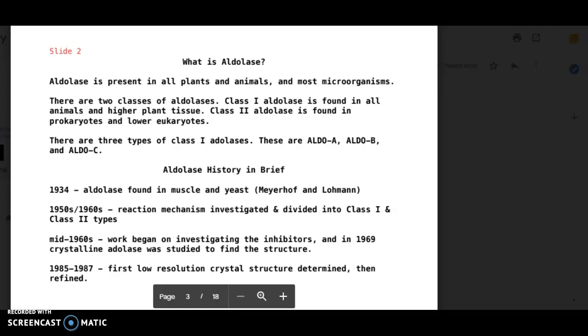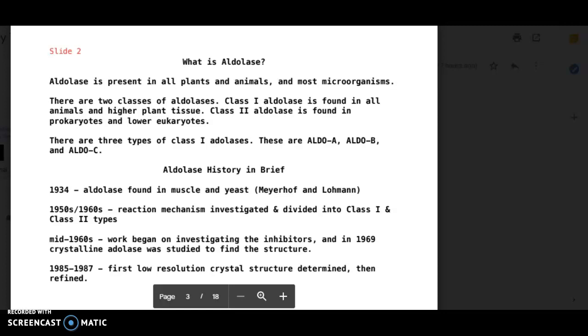Now we'll talk a little bit about the history of this as well. Aldolase history in brief. In 1935, aldolase was found to be present in muscle and yeast. Muscle aldolase was first separated from isomerase in 1940. The presence of aldolase in bacteria was first proposed in 1934, which was later confirmed.